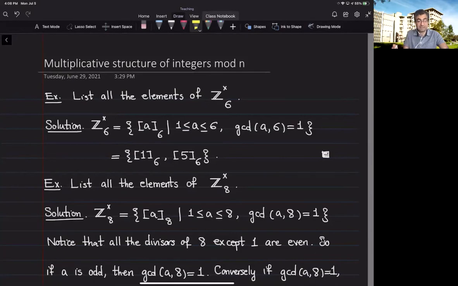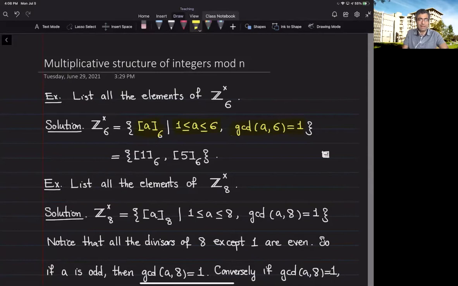In this case, n is 6. So we are looking at the residue classes represented by a, where a is an integer from 1 to 6, and GCD of a and 6 is 1.